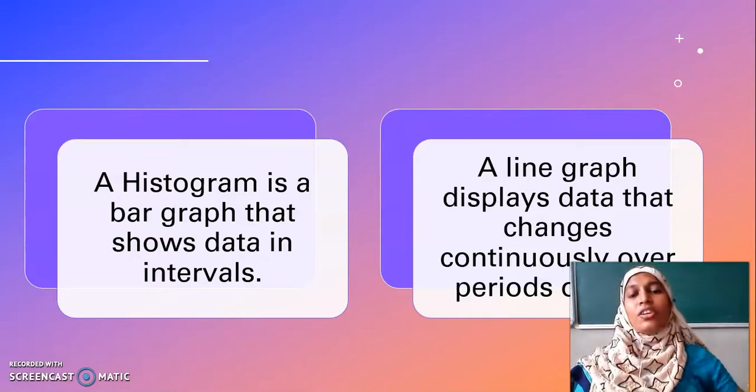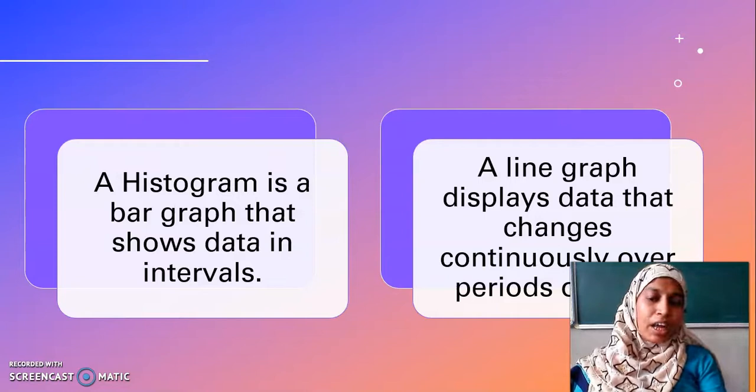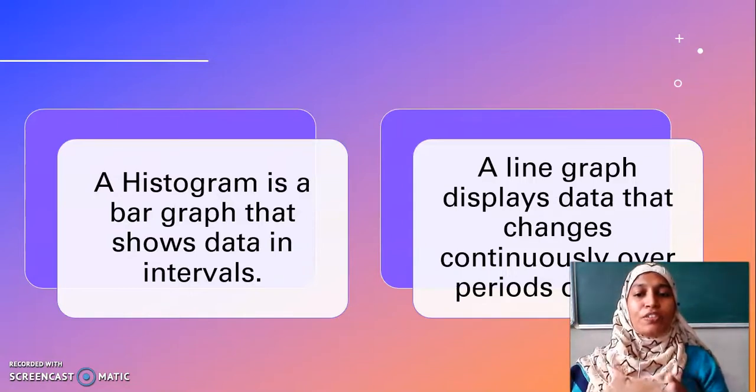It is also continuous. Histogram is also continuous. Is it clear, my dear children? We can have more than one line graph in the same graph sheet. It is possible. But can I have more than one histogram in the same graph sheet to compare two different histograms?